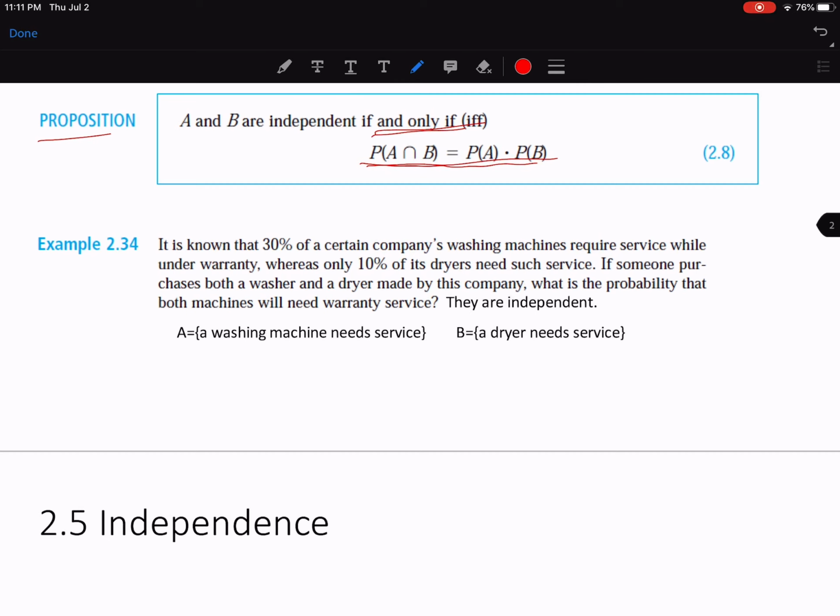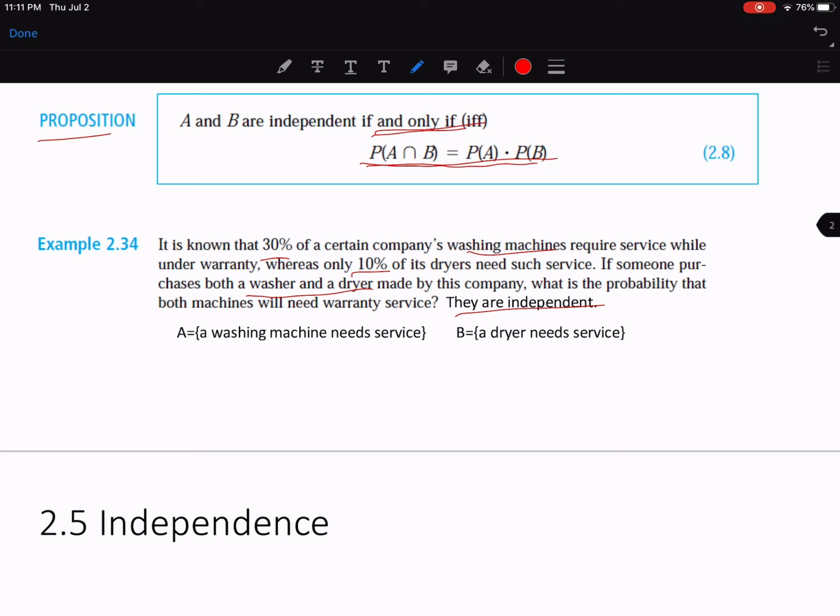The problem says it is known that 30% of a certain company's washing machines require service while under warranty, whereas only 10% of its dryers need such service. If someone purchases both a washer and a dryer made by this company, what is the probability that both machines will need warranty service? And it says that they're independent.